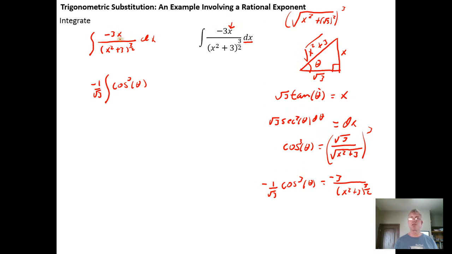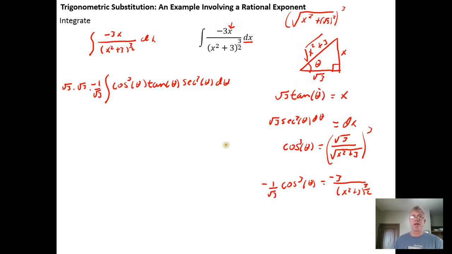I can replace the x right here with the square root of 3, which can factor out front because it's a constant. The x gets replaced with root 3 tan theta, so we put a tan theta in here. And finally the dx can be replaced with the square root of 3, which is a constant and can be factored out front, and then secant squared of theta d theta. So there's all of the substitutions.